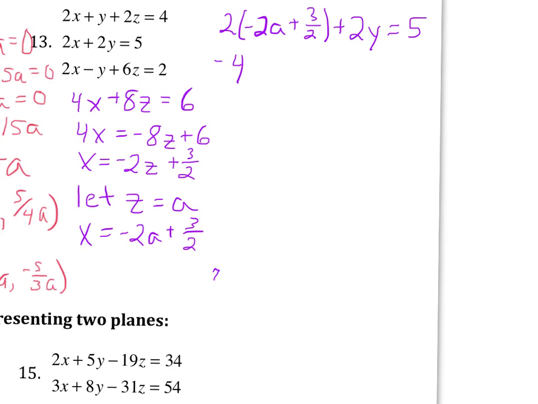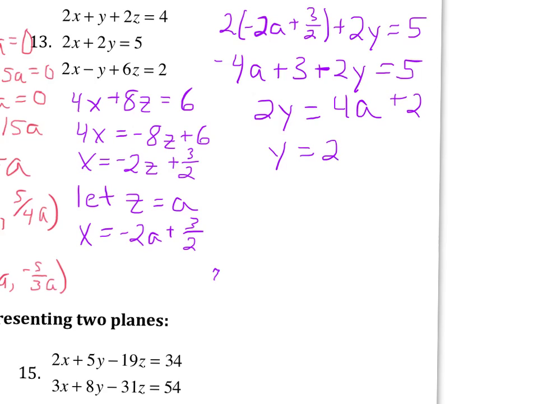So negative 4a plus 3 plus 2y equals 5. So 2y equals 4a plus 2. So y equals 2a plus 1. So my point is negative 2a plus 3/2, comma 2a plus 1, comma a.